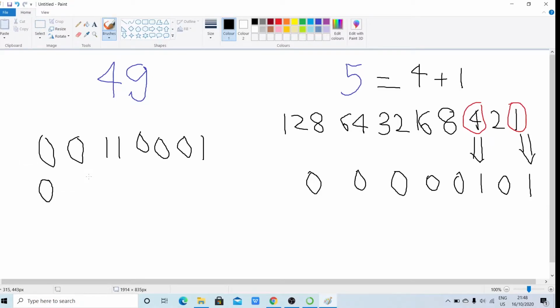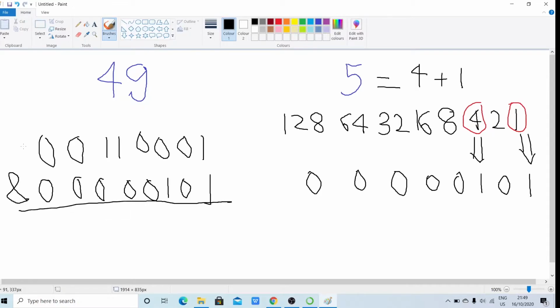So now we are going to use the bitwise AND operator. Here both of the inputs are 1, so it is 1. If either one of them is 0, then the entire output would be 0.